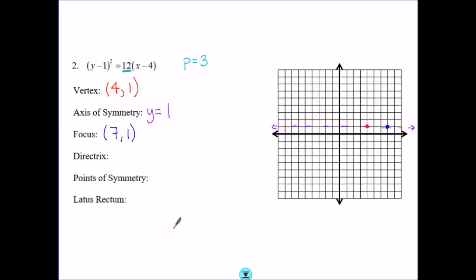The directrix is also p units from the vertex. So our directrix is going to be 3 units to the left, and it is a vertical line, so our directrix is x equals 1. Our points of symmetry are still 2p units from the focus, and they are going to be 6 units above and 6 units below the focus.